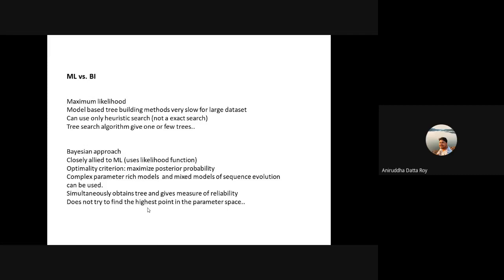But Bayesian is much more robust because it actually looks at multiple sets of trees. And what you can be sure of is almost all of these trees are going to be around the same peak that Chaitanya was talking about. So that way it becomes much better. All these trees will pretty much be topologically similar, right?